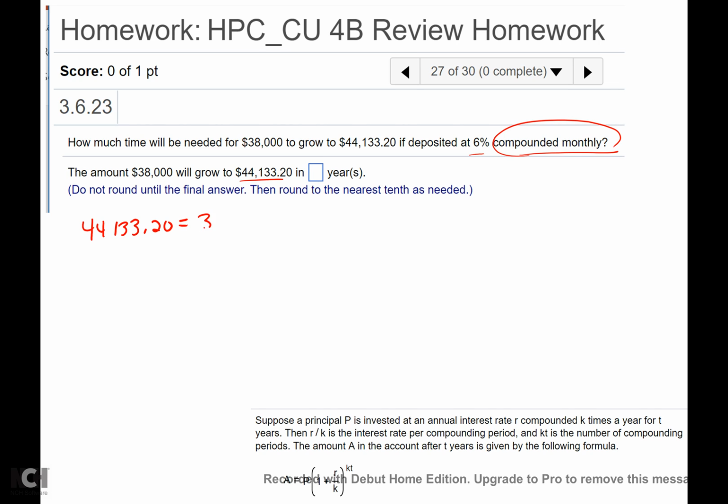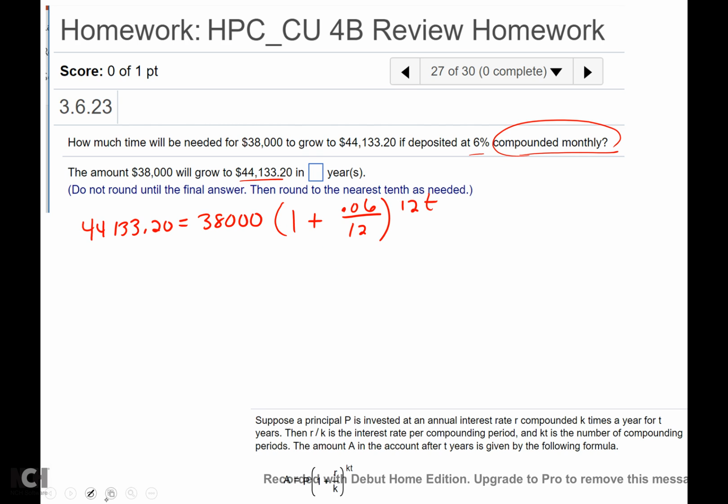My initial amount is 38,000. 1 plus my rate, 6%, so 0.06. Compounded monthly is 12, 12 times t, because I'm looking for how much time. On the inside I have 1 plus 0.06 divided by 12, which is 1.005.